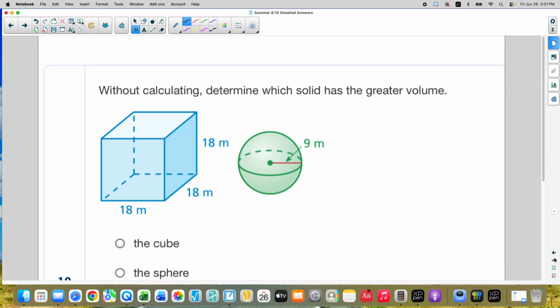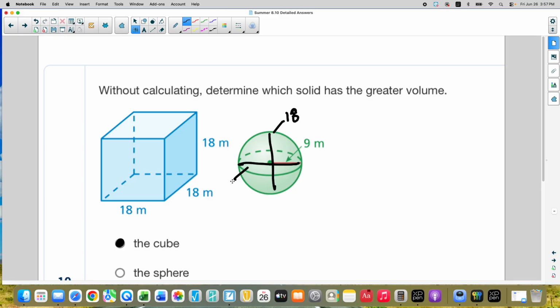No, that's good. Without calculating, determine which solid has the greater volume. Well, the cube does. The cube, because this is 16 high, this is 16, or 18, excuse me.